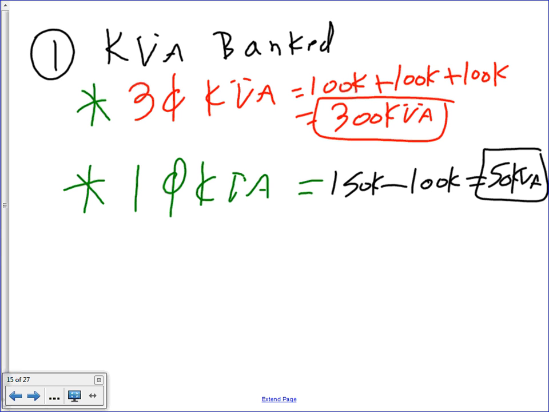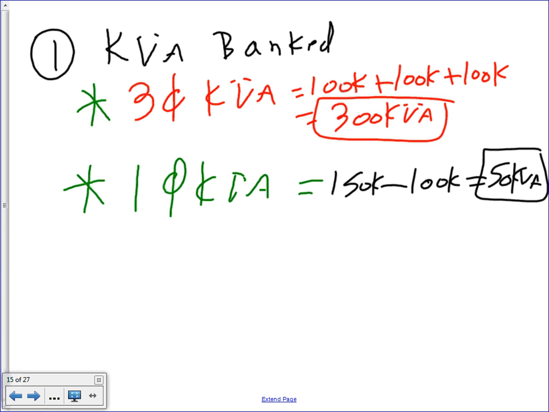That's it. So I took the fattest, fluffiest transformer. I took 100 out of it. Why did I take 100? Because it already went up there. So the difference between the fattest transformer and the other transformers, one at a time, is actually the kVA. Everybody understand the 50 kVA?